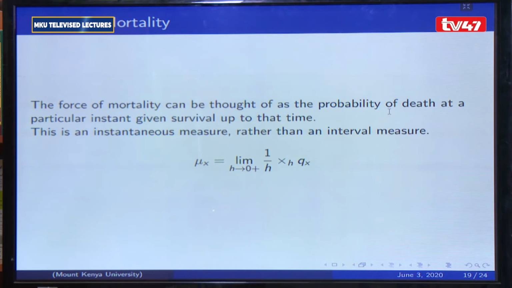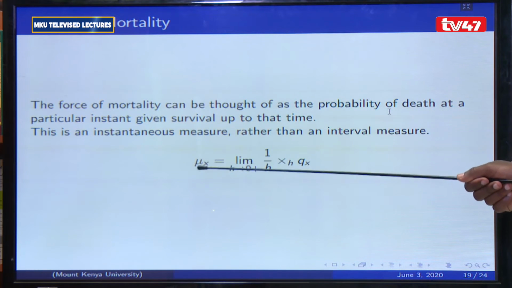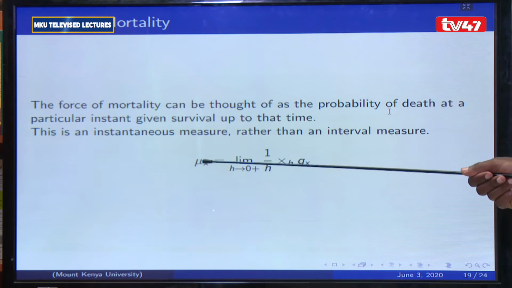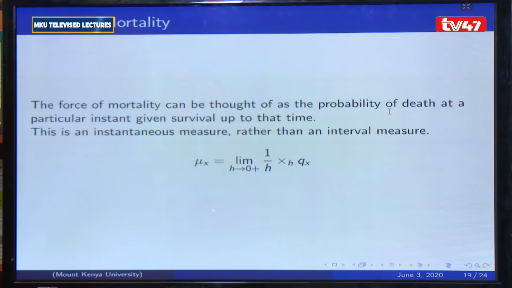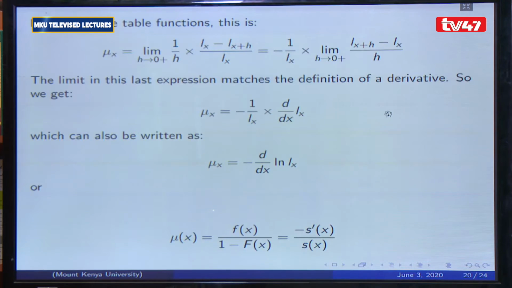So this instantaneous measure is not an interval measure, and it is denoted by mu subscript x. It's given by the limit where hqx is the probability that x survives to x plus h years.